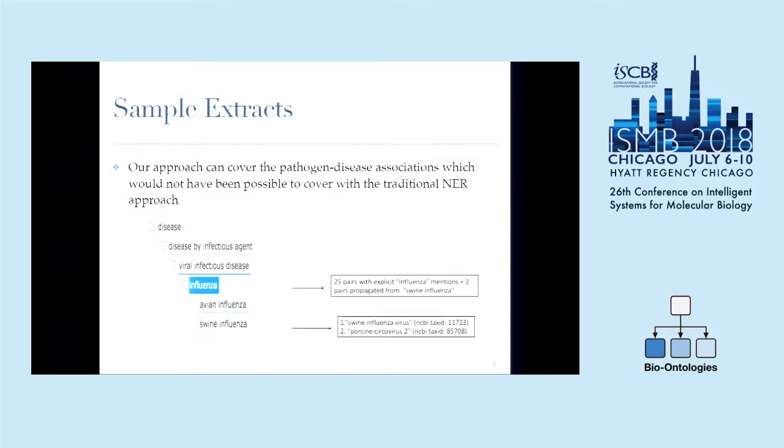So by using the propagation, we could associate 2 more pathogens, swine influenza virus and porcine circovirus 2, with influenza.